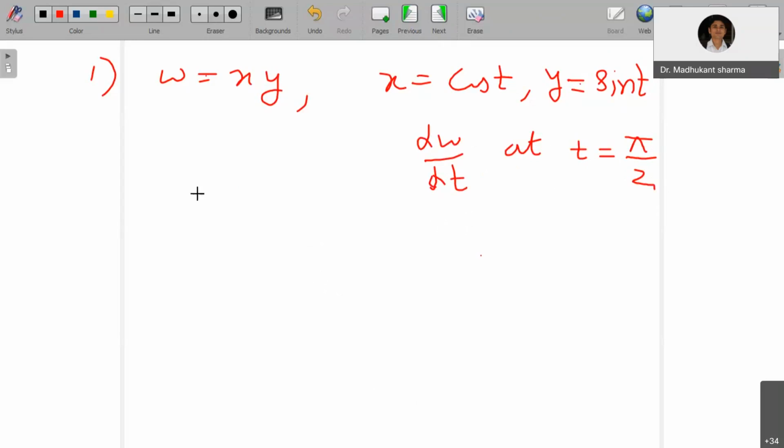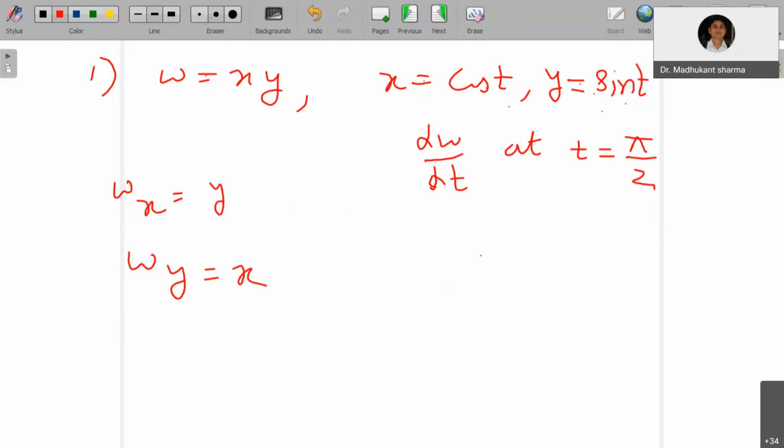Now, for finding dW by dt, what do you need to verify? W is a differentiable function, it has all first order continuous partial derivatives. Wx is Y, Wy is X. They are continuous functions everywhere. X equals cos t, y equals sin t, they are differentiable. So all the conditions are satisfied. You have to verify that.